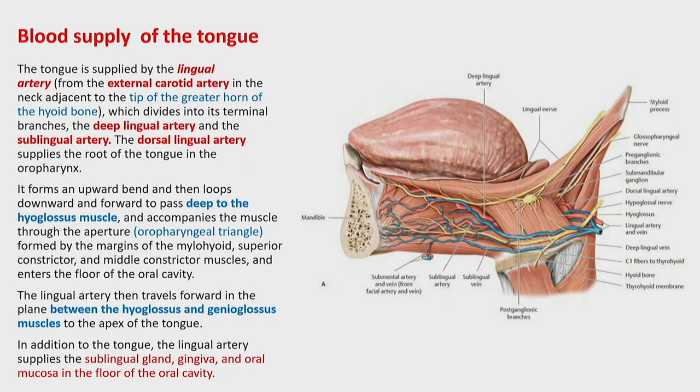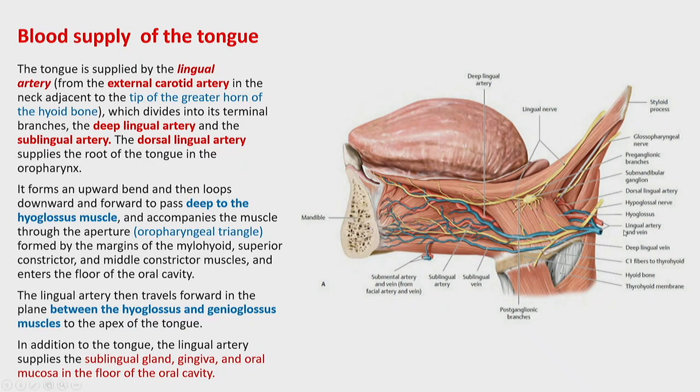The main artery blood supply of the tongue, as we mentioned before also, is according to its name, lingual artery. Lingual artery is one of the ventral branch of the external carotid artery, which is approximately at the level of the greater horn of the hyoid bone, is coming ventrally from the external carotid artery.